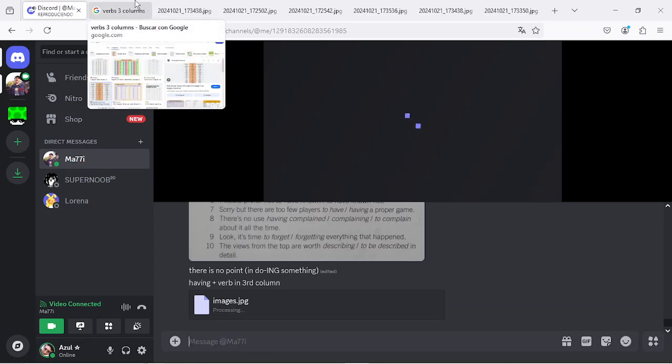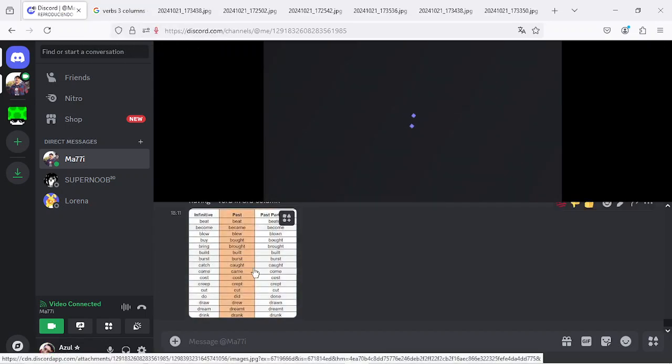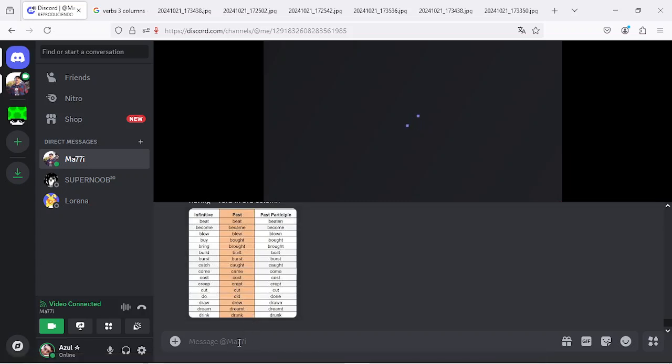There. Let me try to find one that has all 3 different columns so we can do examples with that. Well, when we use the first column, the infinitive, that's things you do regularly, on a regular basis.